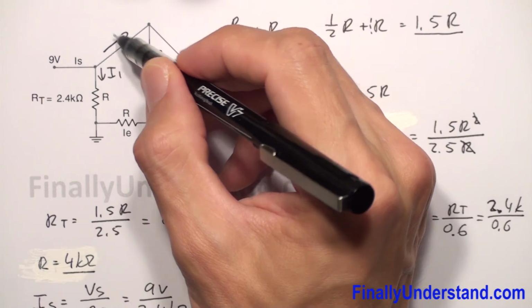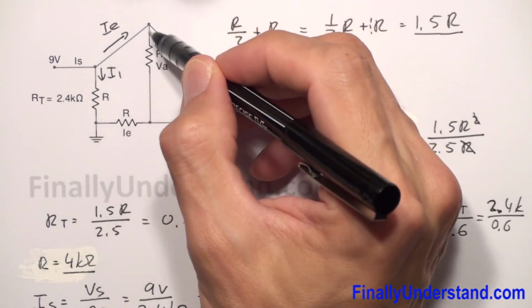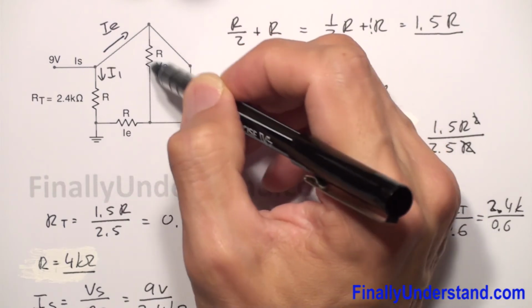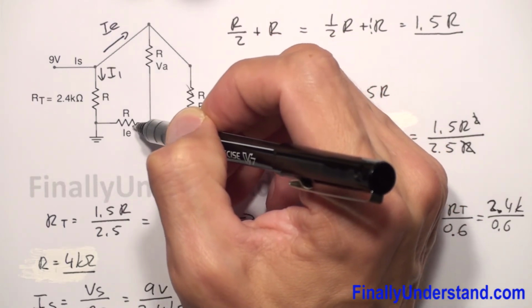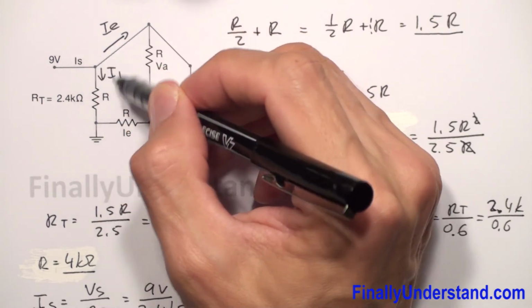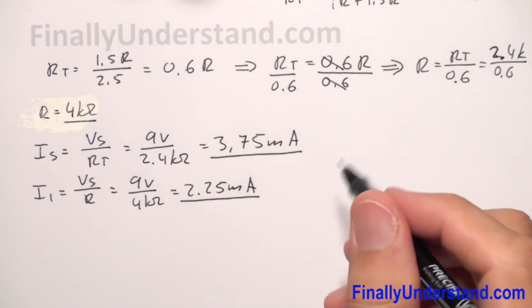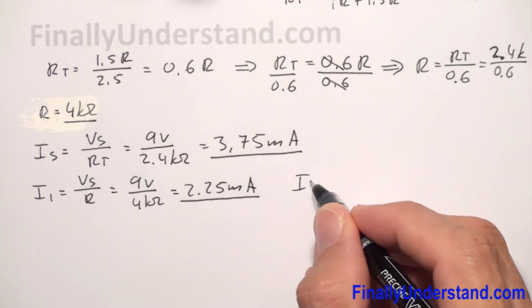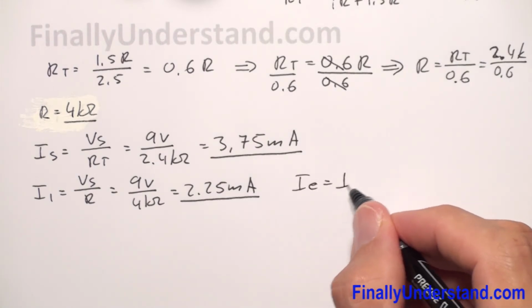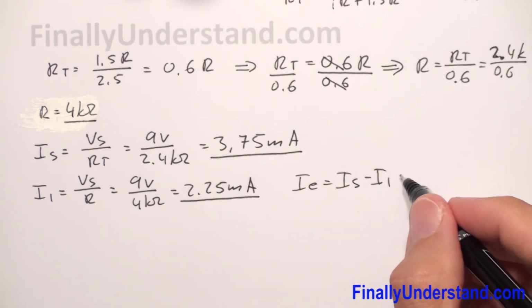And this is nothing else, just my IE. Because this current will split into two currents, and these two currents are going to come together again, and they are going to give me IE. So IS minus I1 will give me IE. So I can say that IE is equal to IS minus I1.